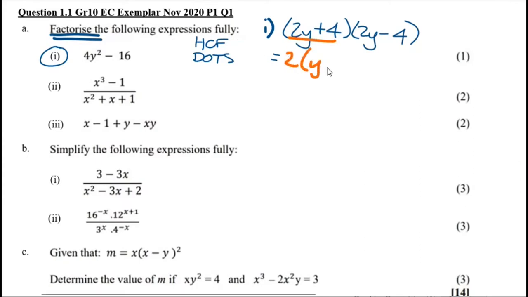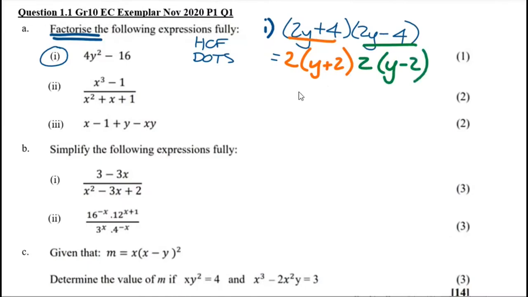So that would become y plus 2. I can factorize some more there. This guy here also has a common factor of 2. And then do you see if I multiply those 2's, I get 4 and then y plus 2, y minus 2. Okay, which is the answer that I've seen coming through.